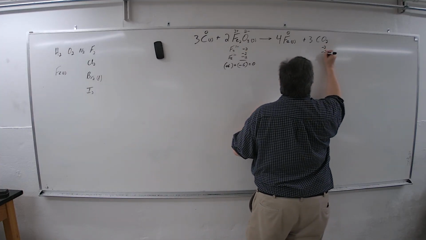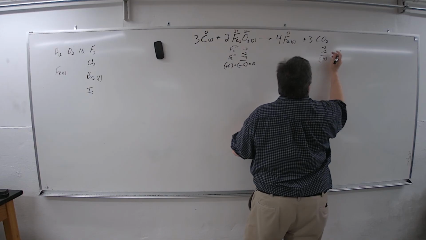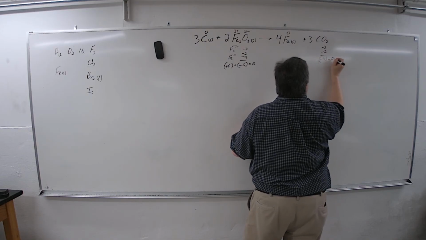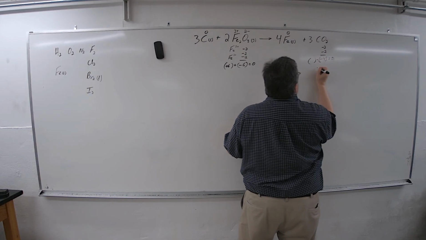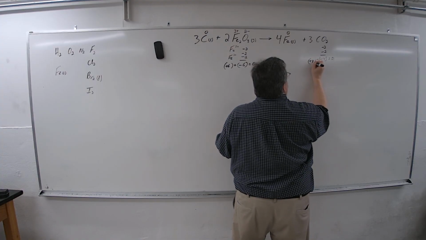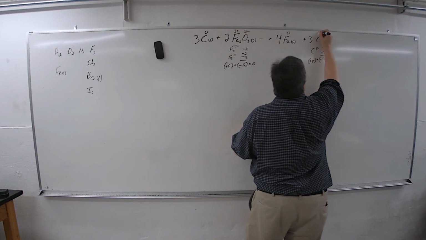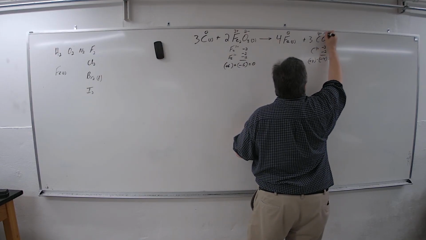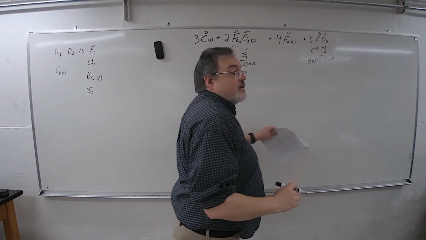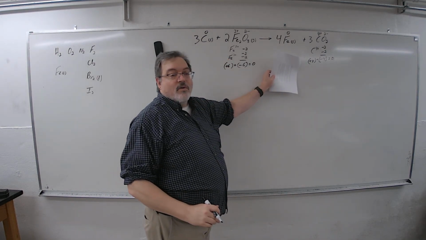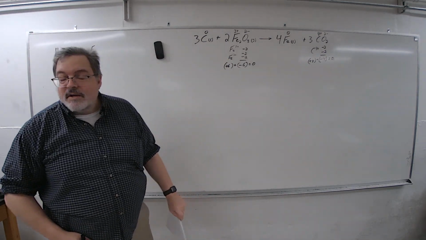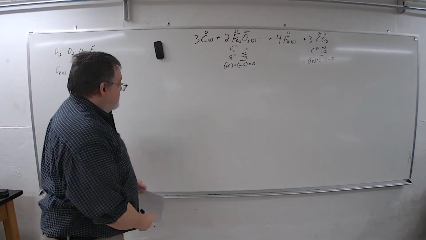Oxygen 2 minus, 2 minus, a total of -4. There's no charge here, so I'm going to say 0. So this has to be +4. There's only 1 carbon, so it has to be 4 plus. So 4 plus, 1 minus. You follow me on this? I know I'll go quick, but I expect you to interrupt me if I'm losing you.